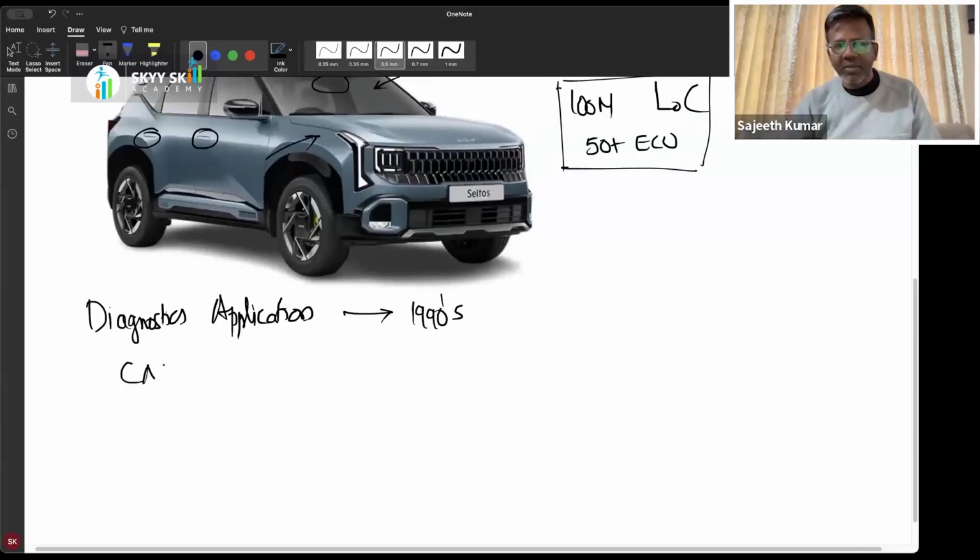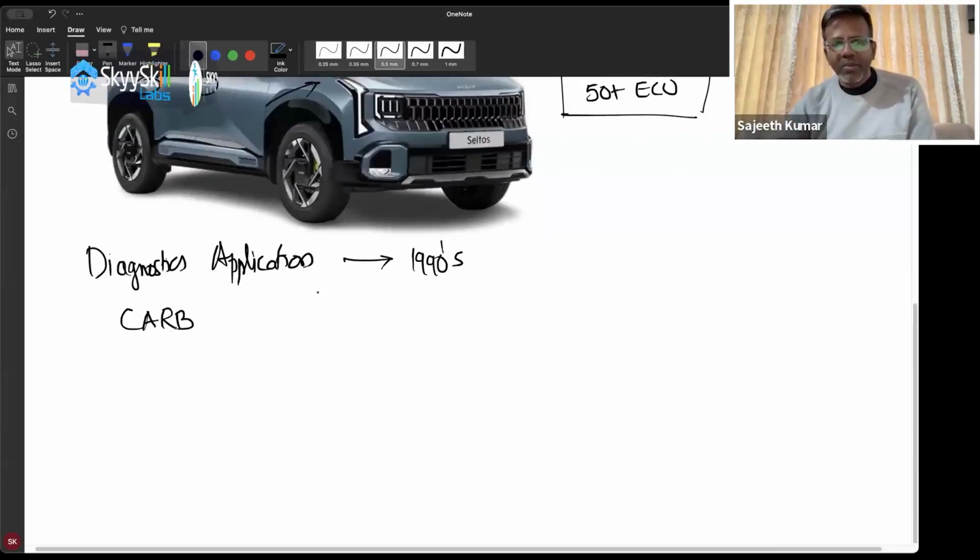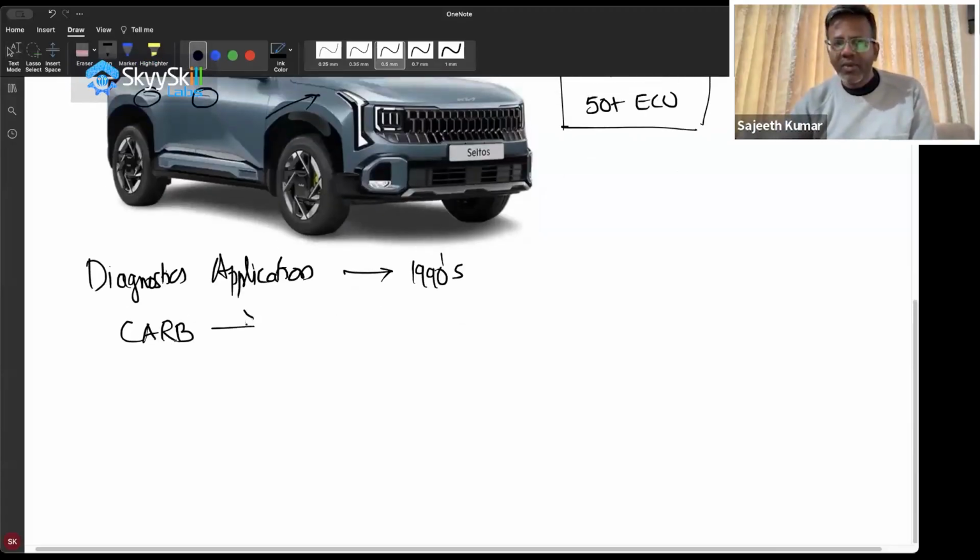We call it CARB. It stands for California Air Regulations Bureau. They said, hey, you've been making cars, and we are still talking about IC engine vehicles. We have not gone into the era of electric. This is the early 90s.